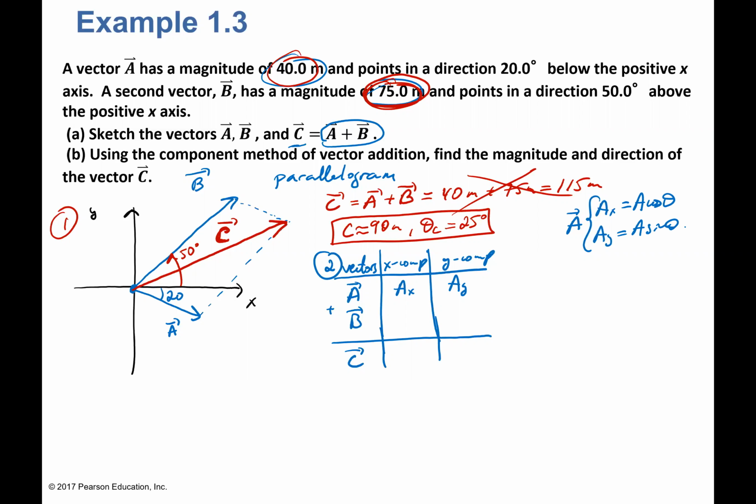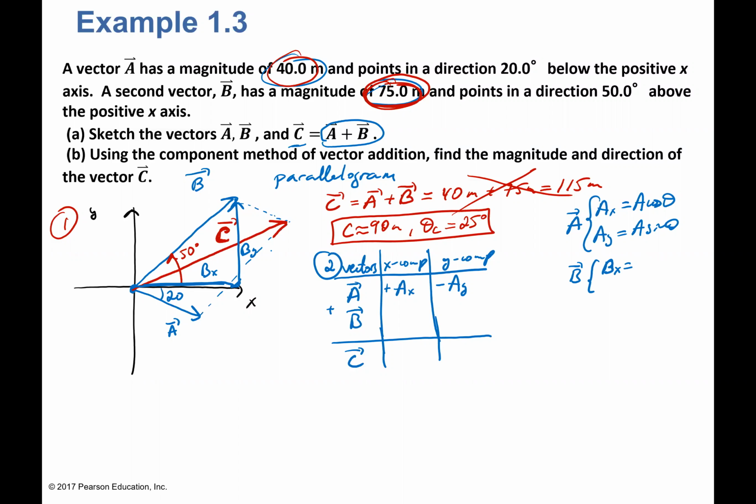Okay, now that's what I have. But I also have to see that vector A is in the fourth quadrant, like we already talked about, so the x component is positive, but the y component is negative. For vector B, if I break it down into components, since theta is again given with respect to the x-axis, if I make the triangle for the components, this is bx and this is by.